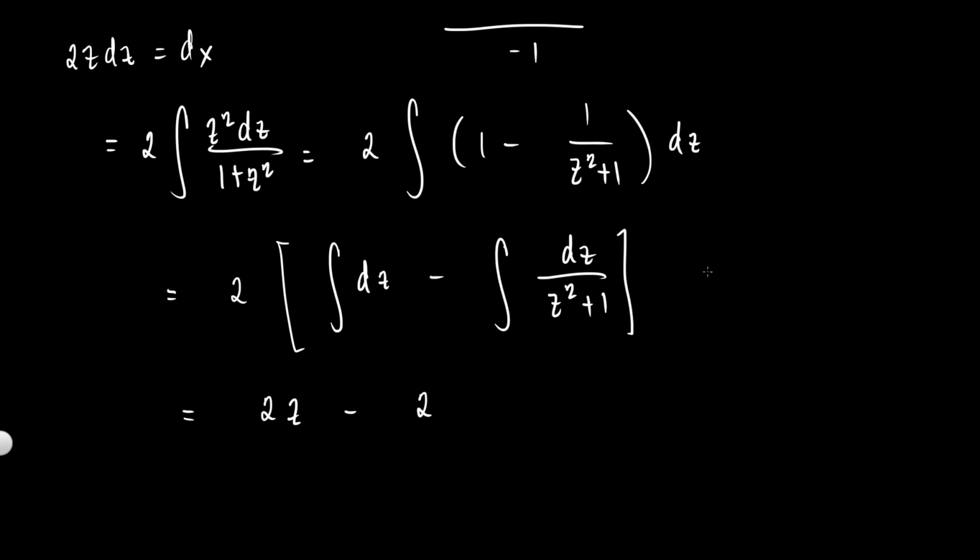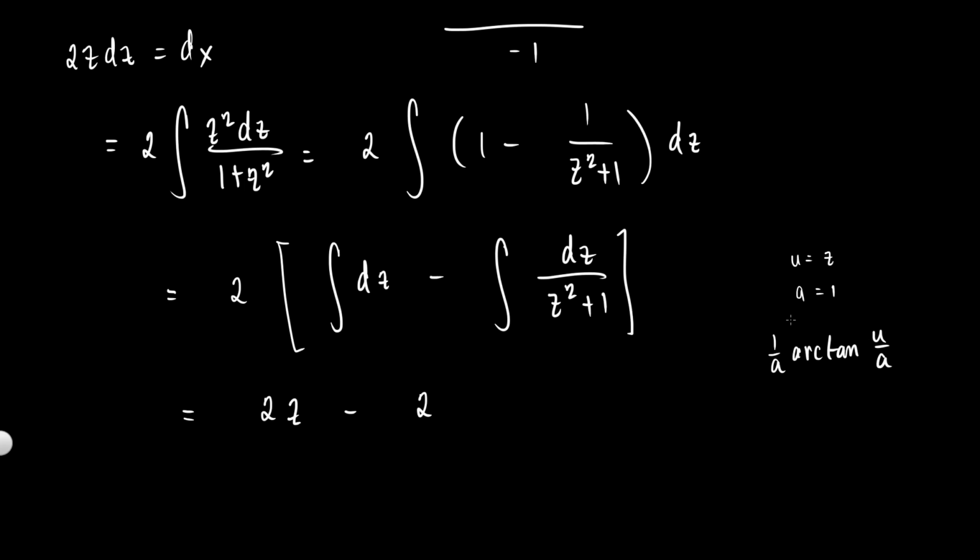In this part, u is equal to z. a squared is 1, a is also 1, square root of 1 is 1. So for the arctangent, we have 1 over a, arctangent of u over a.